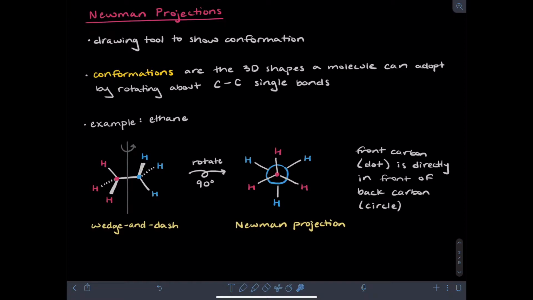Newman projections are always looking down a carbon-carbon bond. The front carbon, the one closer to you, is always represented as a dot, in this case the pink dot, and then the back carbon, the one further away from you, is always represented as a circle. This is the blue carbon.